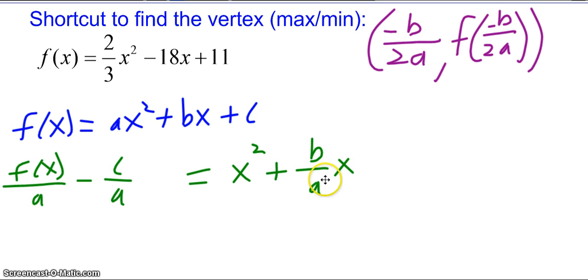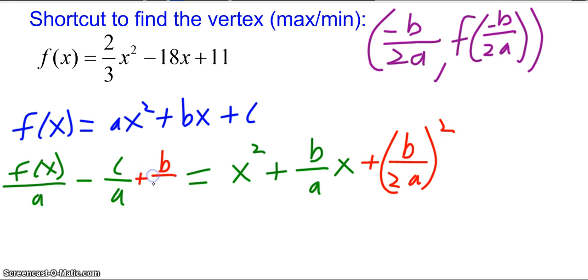Complete the square, so I want to take half of the middle term and square it. So half of the middle term I know is b over 2a, so this is going to be plus b over 2a squared plus b over 2a squared.